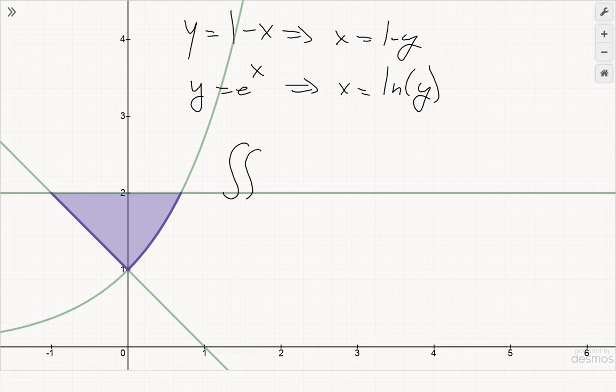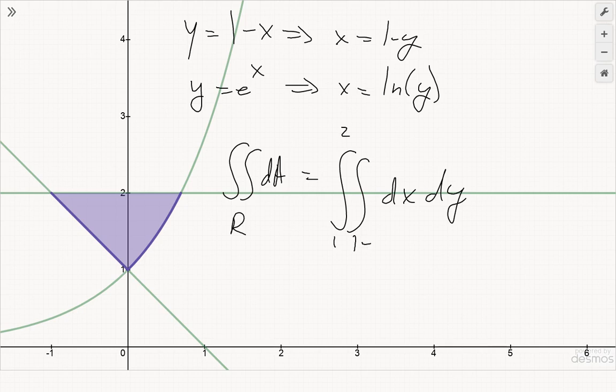So now, we don't need to split this into two regions. Now we can just integrate dx dy. So y we can see will be going from 1 to 2, and x will be going from the lower bound 1 minus y to the upper bound ln of y.